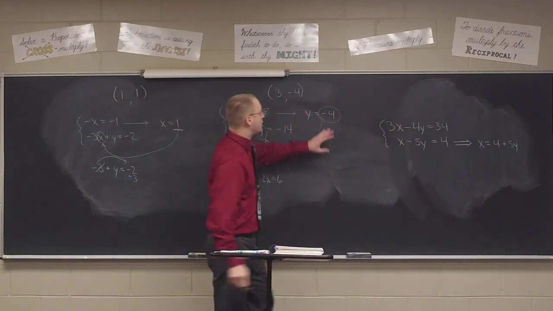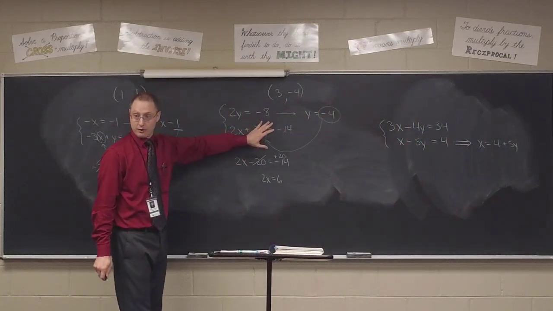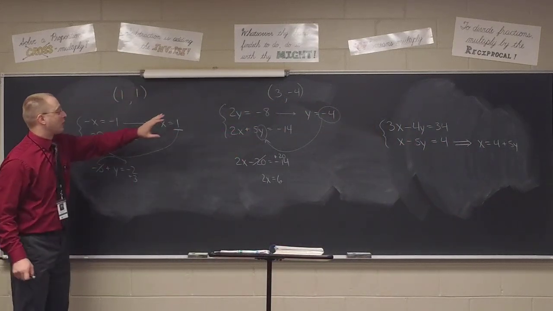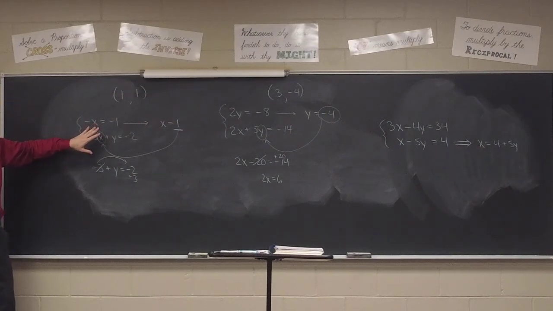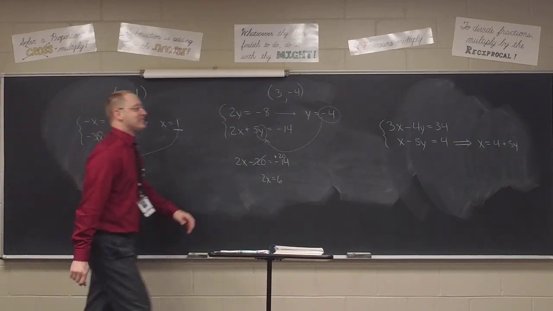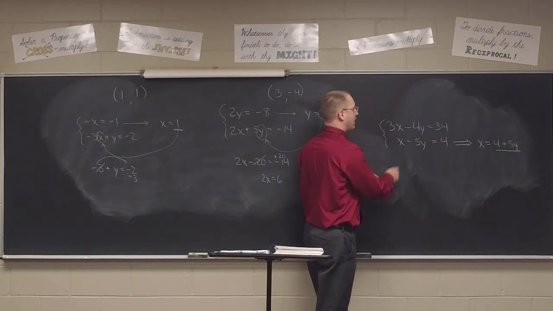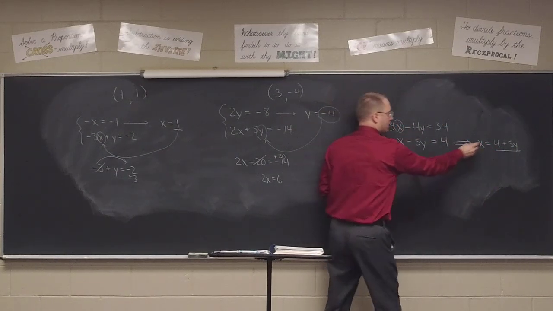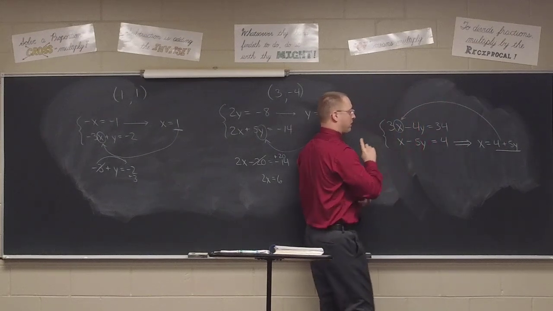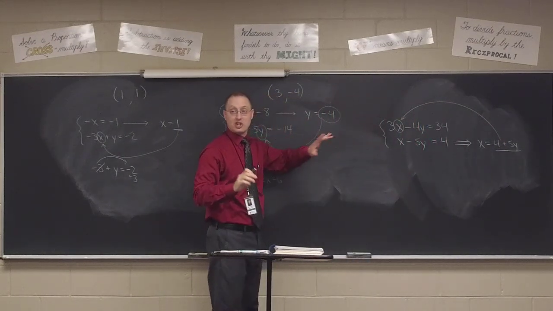But just like we could take a -4 and plug it in for y on the first homework problem, just like we could take a 1 and plug it in for x on the non-homework problem, so we can take 4 plus 5y and plug it in for x in this homework problem.